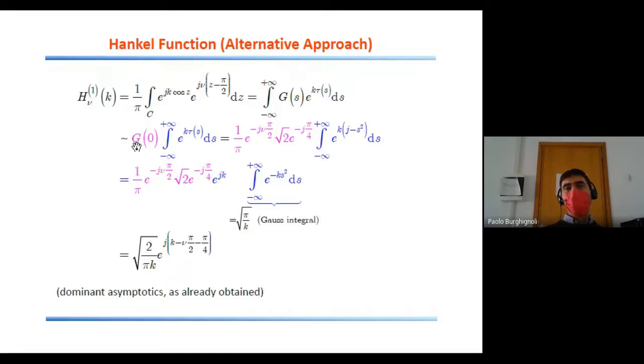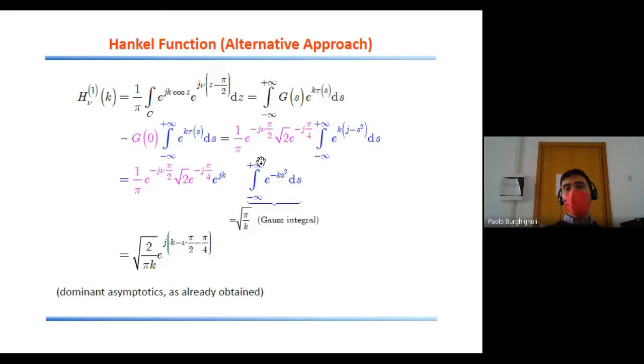Now, the purple constant has been evaluated in the previous slide, and it is repeated here, whereas the blue integral is actually the integral of the exponential e to k times j minus s squared, which is our function tau, a second-order polynomial. So you can take outside of the integral also the term e to jk, that is in blue, because it comes from the integration.